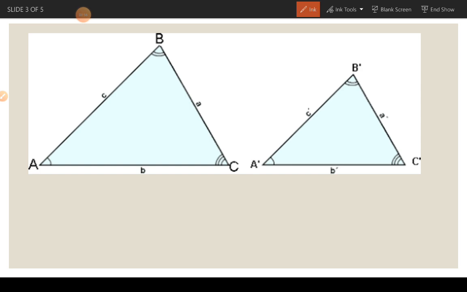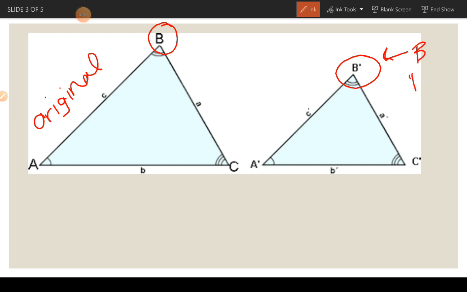Okay, now this is also super important. So this is our original triangle. And how do I know it's the original triangle? Well, first of all, see my two angles here. One has just a B and one has like a B apostrophe. That apostrophe, that's called B prime.